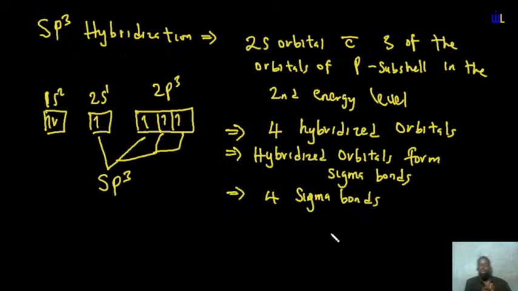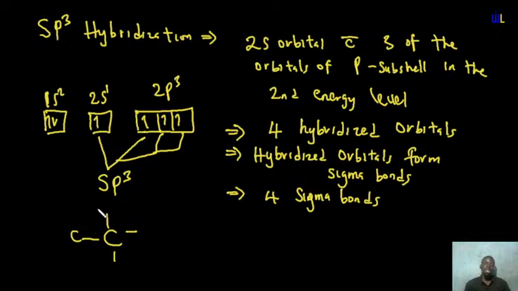Now I would like to say something about this. The number of hybridized orbitals that a particular substance can form actually determines the number of atoms it is bound to. It means that if I say that a carbon atom is sp3 hybridized, it means that it has 4 hybridized orbitals. Hence, it can bond to 4 different substances.